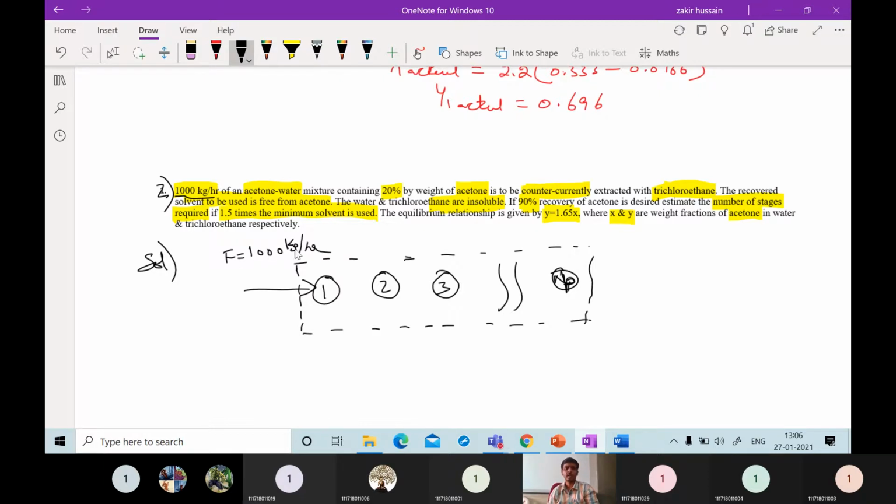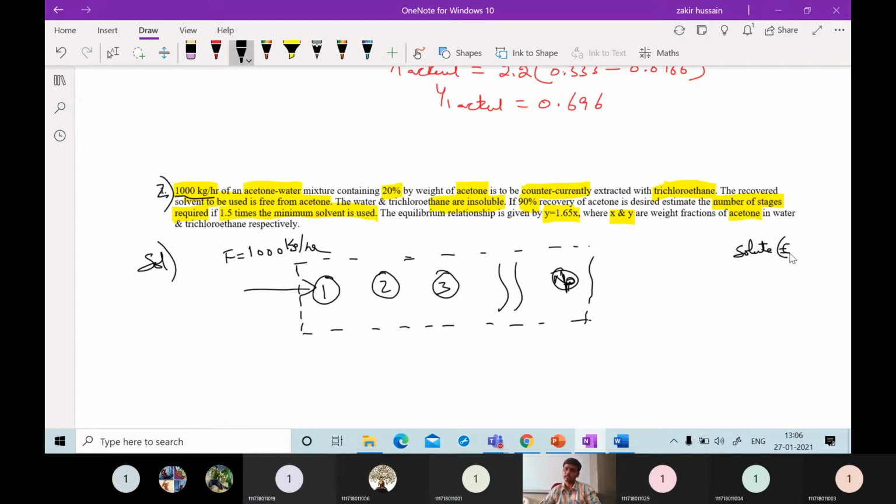1000 kg per hour of feed is entering, which is a mixture of acetone and water.